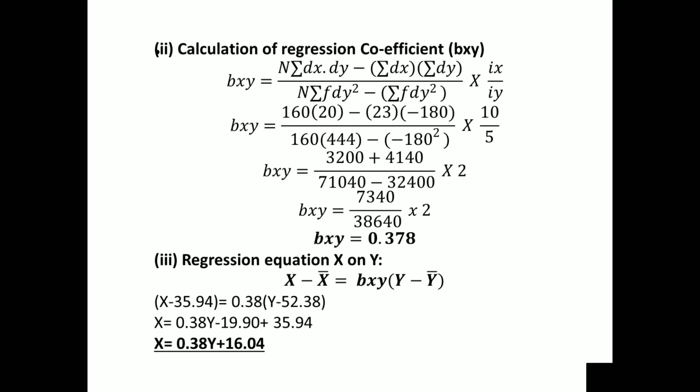x on y equation, that is bxy. So bxy is equal to n into sigma f dx dy minus sigma f dx into sigma f dy, divided by n into sigma f dy square minus sigma f dy whole square, multiplied by the class interval of x divided by the class interval of y.